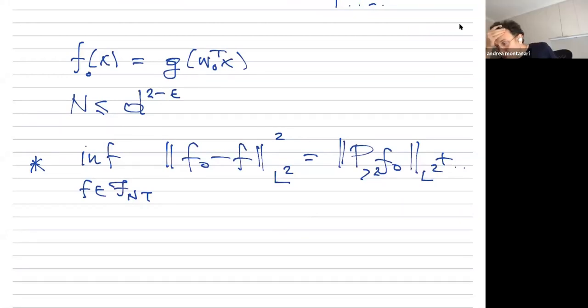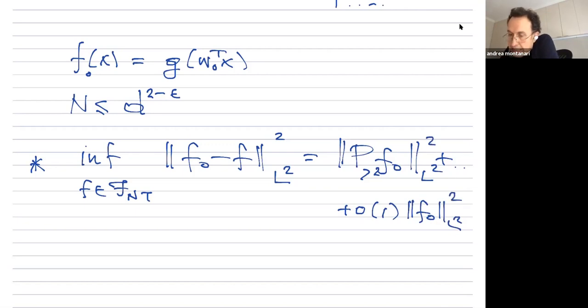This theorem applies to any f0 in L2, and it's an equality plus a small order term. So this tells you that you can take G as nice as you want. This is true within the neural tangent model.